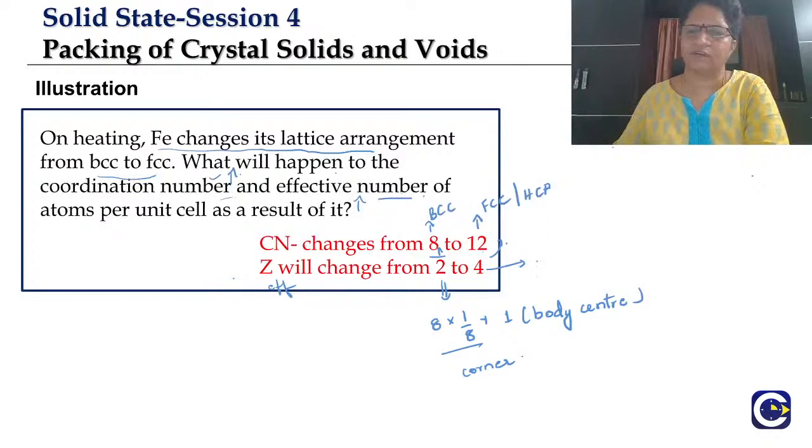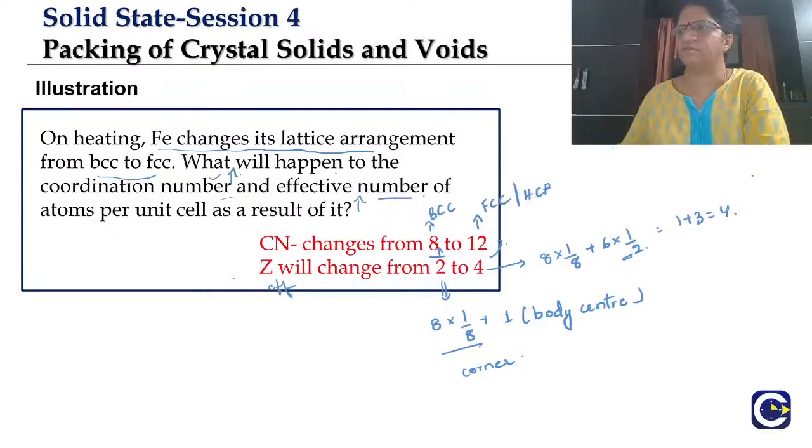For FCC, how are we getting it? 8 at the corners plus 6 at the face centers. So how much are we getting? 1 plus 3, 4.